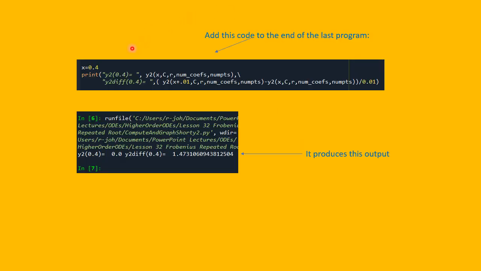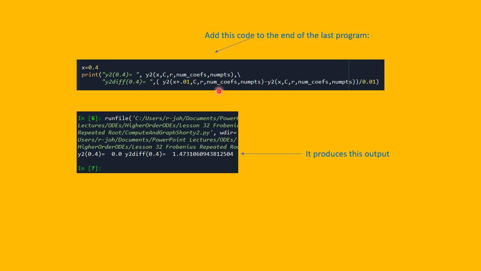To make an initial value problem, we will add this code to the end of the last program. We'll let x be 0.4, and then we will compute y2 of 0.4, and also by a difference quotient, we will approximate the derivative of y2 with respect to x at 0.4.